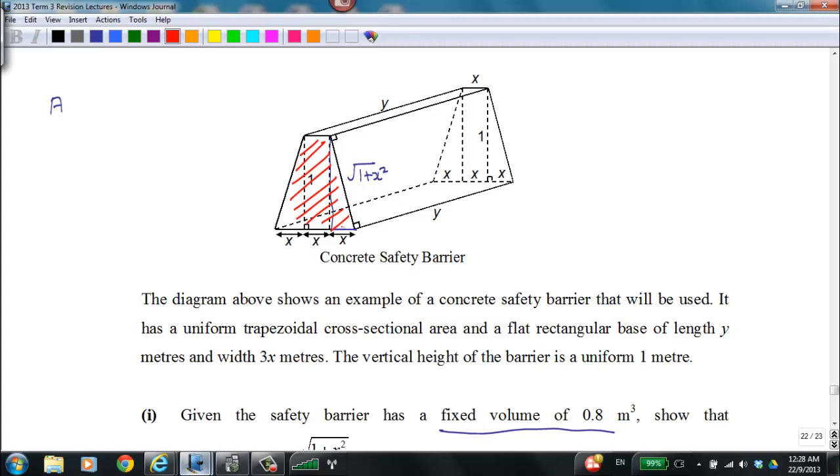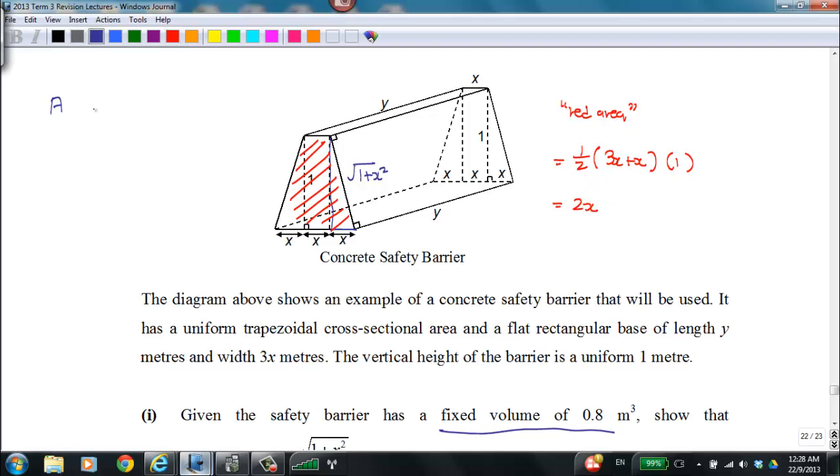Now, if you recall the formula for the area of a trapezium, this particular red area is equal to half of the sum of the two parallel lengths multiplied by the height, which is 1. So it will give you 2x, the area itself.